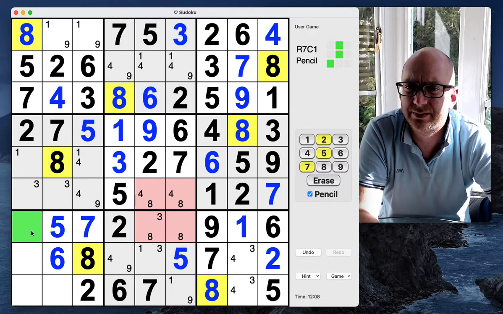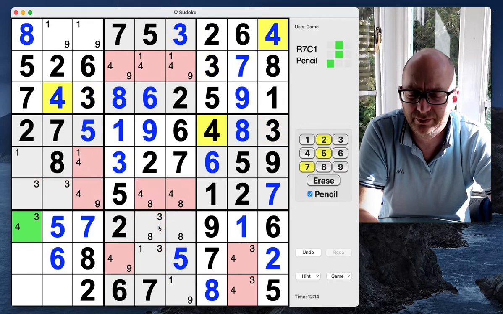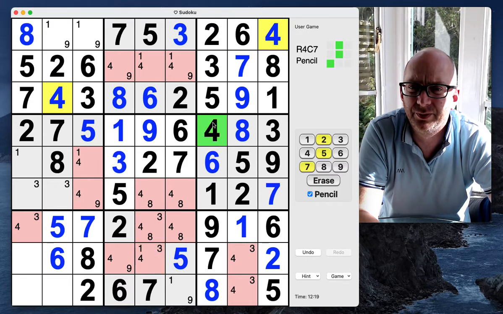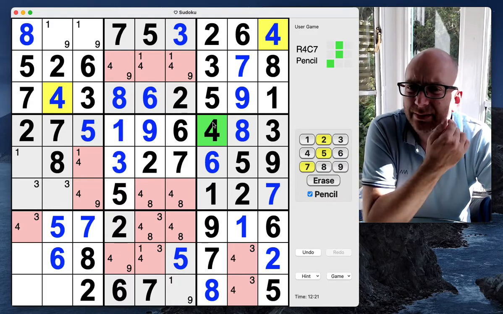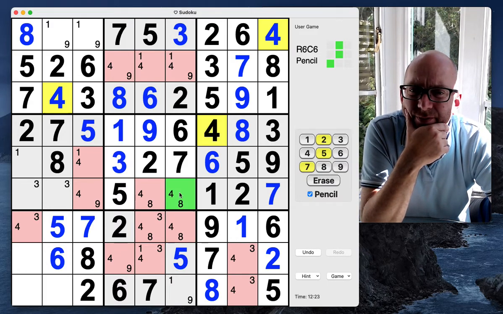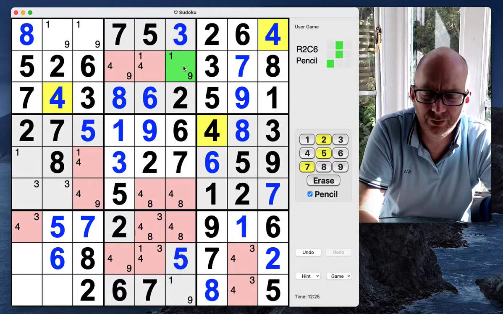Okay, what's this? It's going to be a 3. Can be a 4. You know what, I'm just going to fill those 4s in. I'm sure that's not smart. 4, 8, 4, 8. So that can't be a 4.